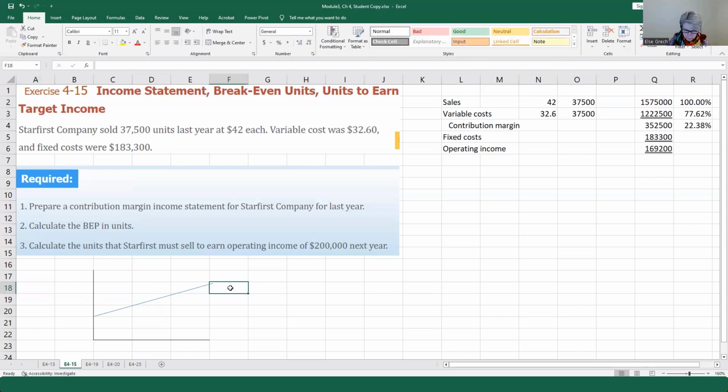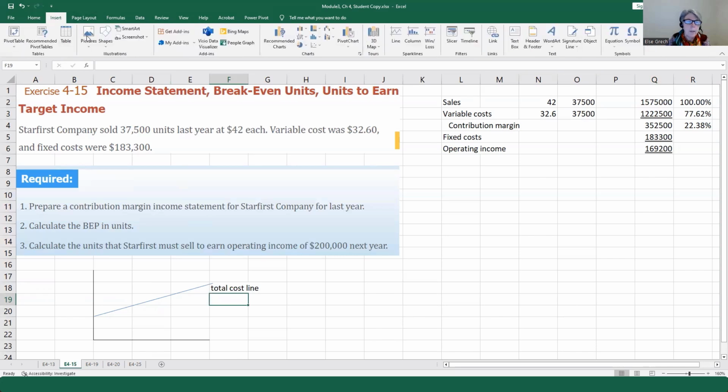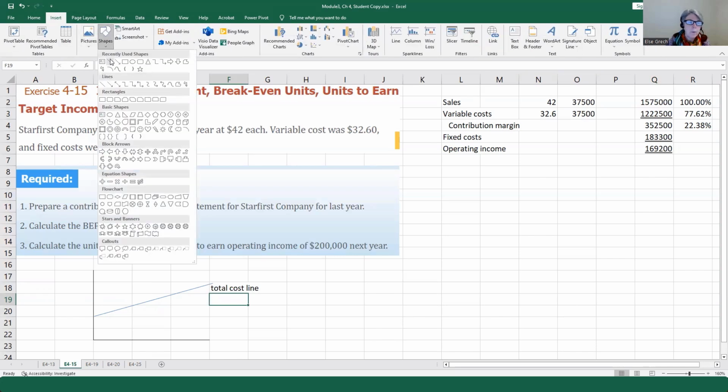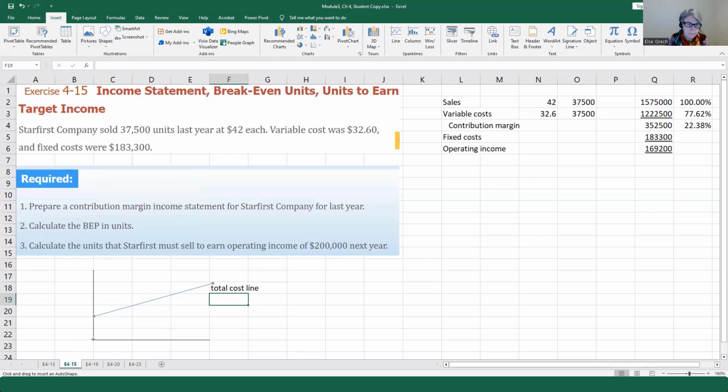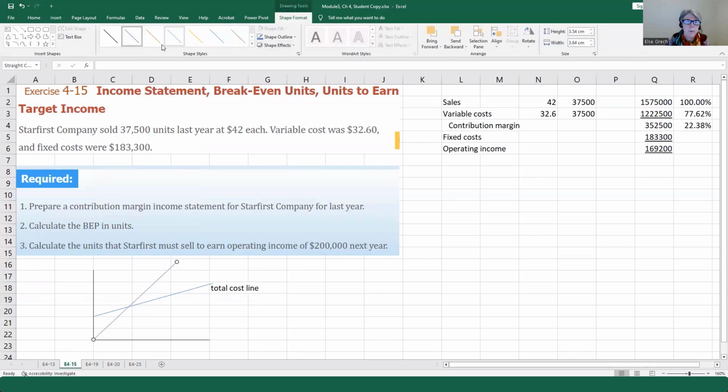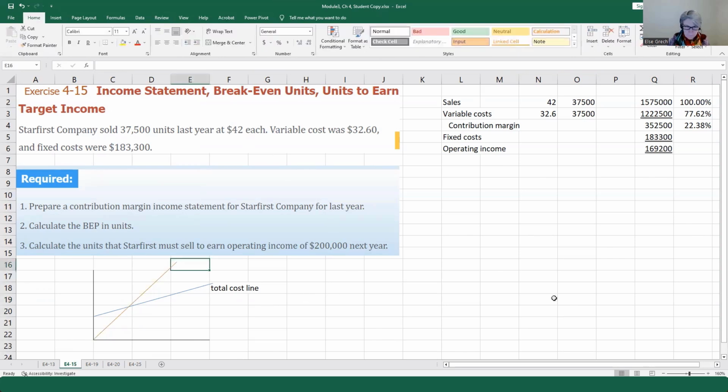This is the total cost line, right? That's the total cost. And then I'm going to insert a total revenue line. And I'm going to change the color of this so that we can see this is a total revenue line. So we know where it intersects right here is the break-even point.